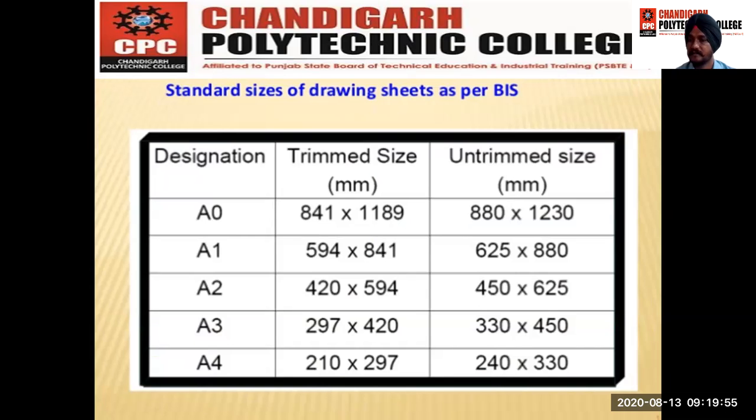Then A3 is 297 by 420. Then A2 is 420 by 594. Then A1 is 594 by 841. These are all the drawing sheet sizes that we will require. Usually A1 and A2 drawing sheets are used during drawing.